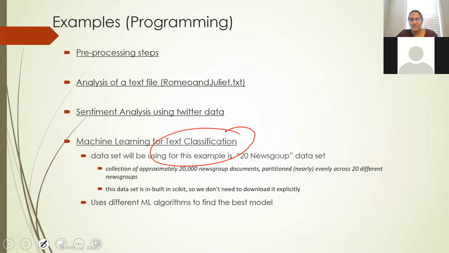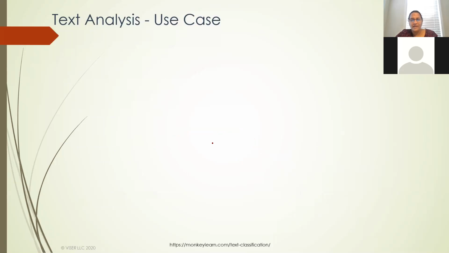It's just to give you an idea about how we do text classification, meaning if you want to classify whether something is a document or a travelogue, or classify your text into different categories, how machine learning is used. Let me take this use case.